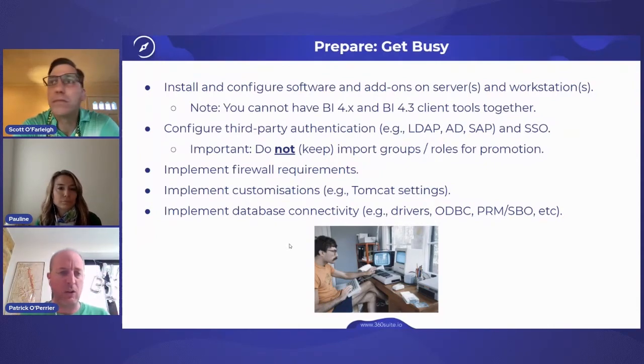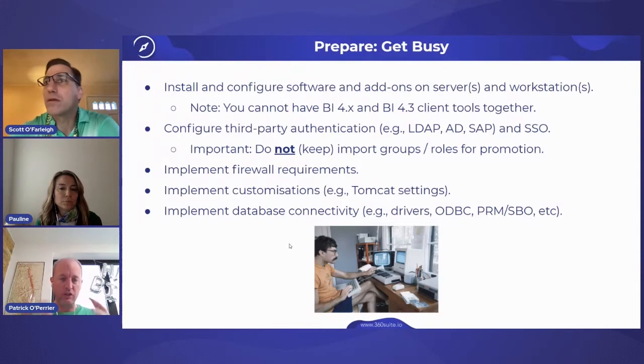Right, lots of other things, firewalls, customization. A lot of you will have customized Tomcat to have SSL or to handle more RAM, perhaps, or to have other third-party configurations. So again, it's easy to forget these Tomcat configs because, well, it's a separate component, or some of them are done inside XML files, and they may be not even done by you.